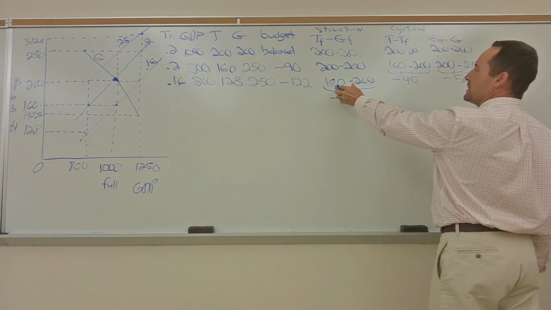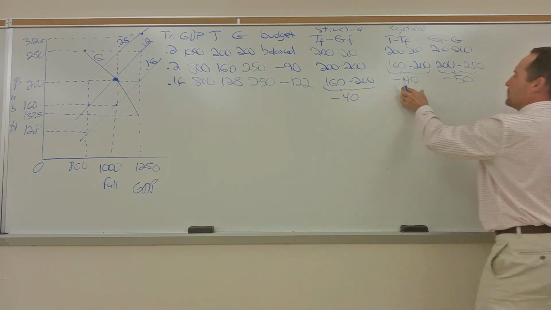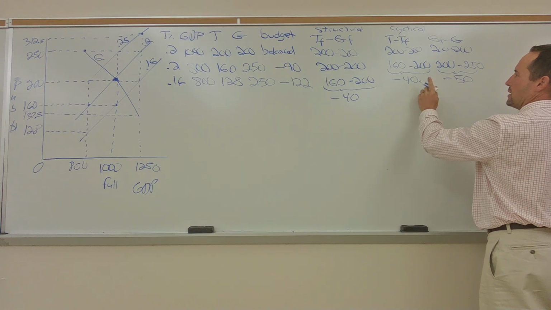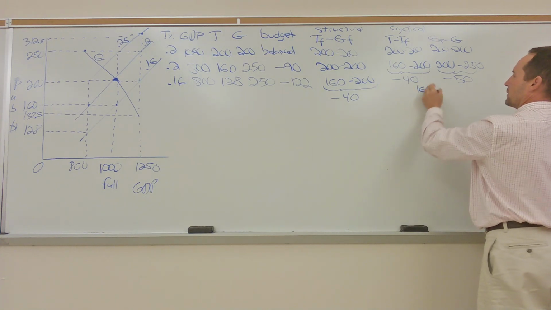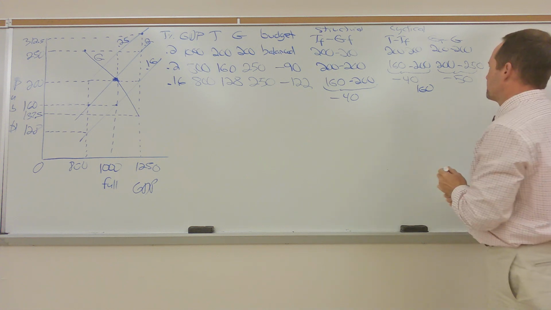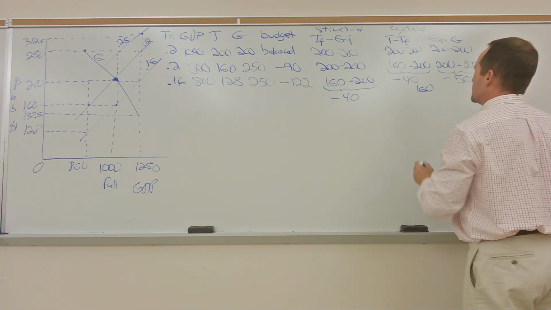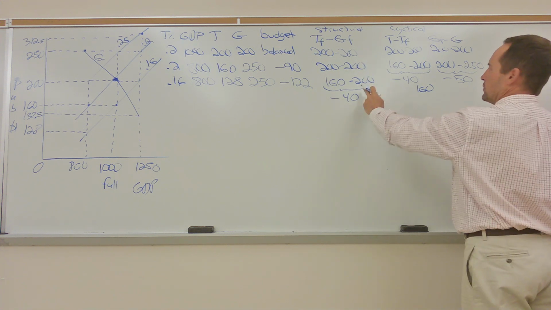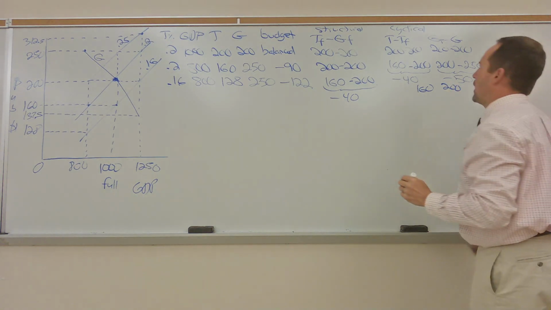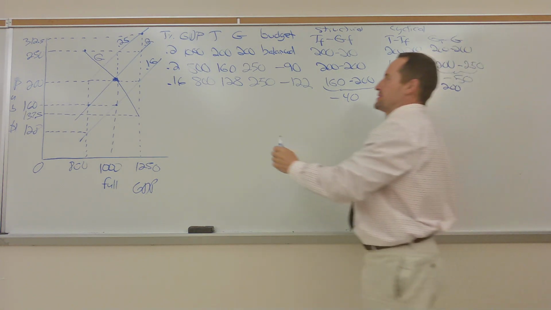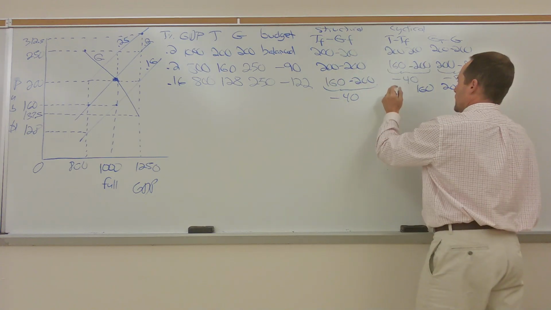And then we take these full numbers and we plug them in here. Here's T full right here. So T full is 160. Plug that in. And G full is still 200, so we leave that plugged in. What is our current T? Our current T is 128.